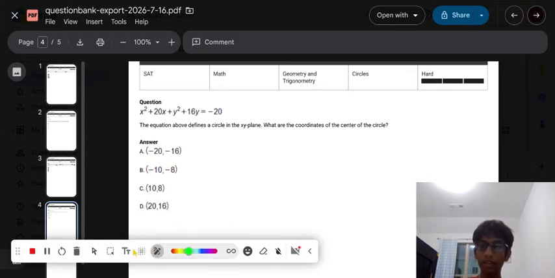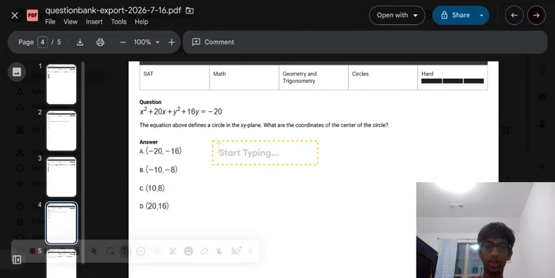When we have a circle, it can be outlined with this equation: (x minus h) squared plus (y minus k) squared equals r squared, where r is the radius, and h and k are the center of the circle. H is the x coordinate of the center, and k is the y coordinate of the center. If we look here, we do not have it in that format.